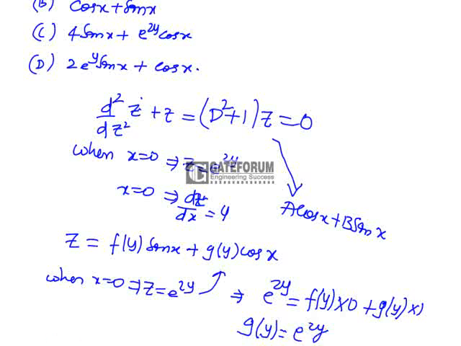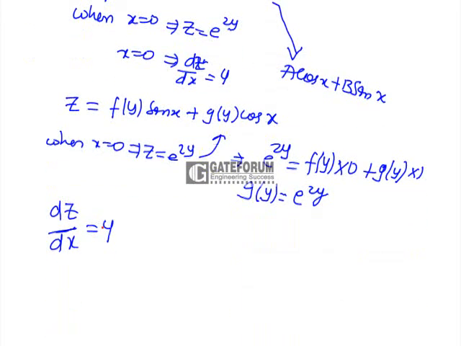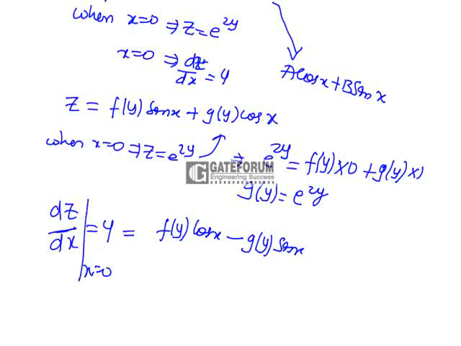Okay, or one more condition is dz by dx is equal to 4. Okay, dz by dx is equal to 4. So this is equal to f of y into cos x minus g of y into sin x. Okay, now when x is equal to 0, this condition is equal to f of y.